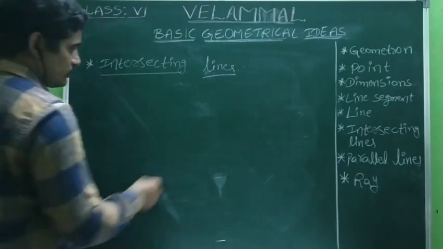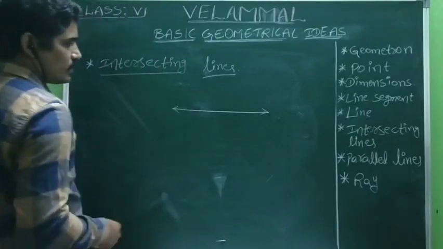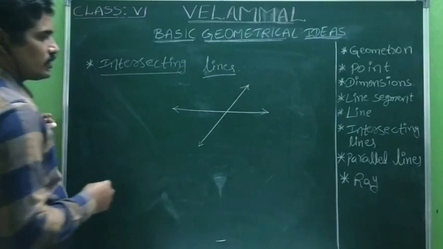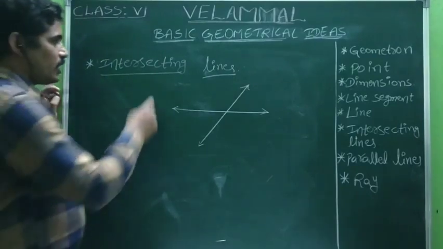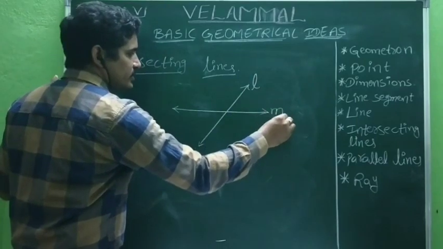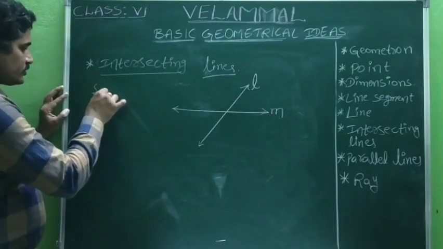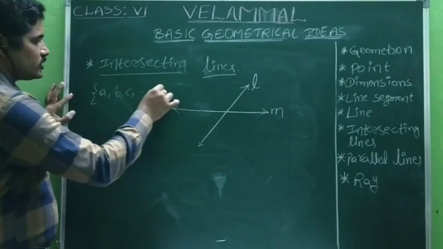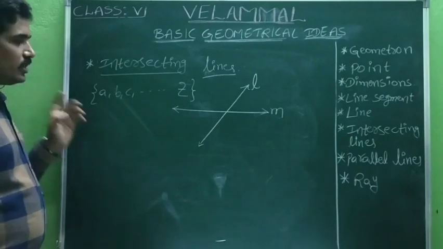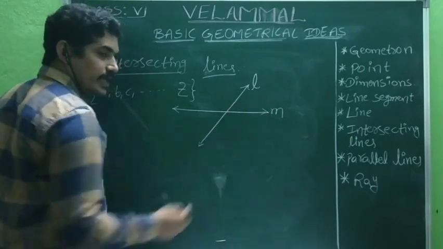See, one line I am taking here, another line I have taken, another line. A line can also be named using small alphabets: small a, small b, small c, and so on, up to small z. Now, for example, I am taking line L and line M.